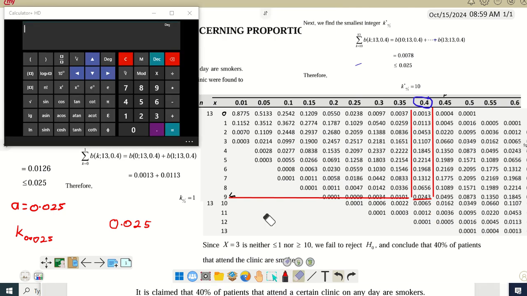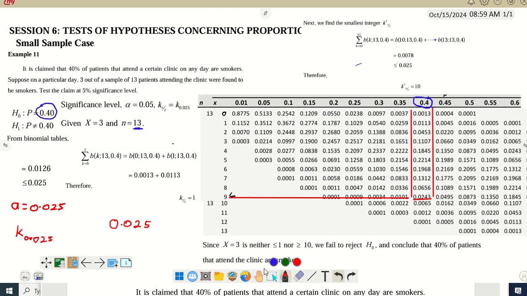Okay, so let us start with the reading again. Let's take note that our critical value is this 0.025. That's the alpha value.